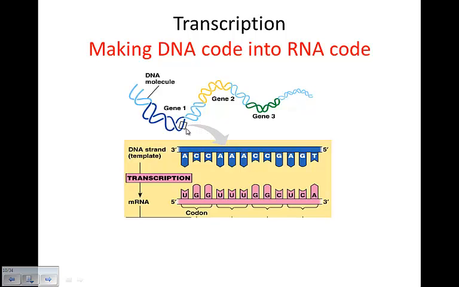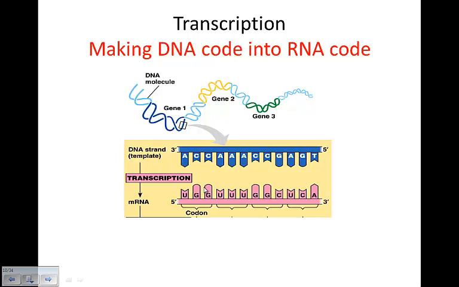Here's the DNA, with the 3 prime and 5 prime ends and the nitrogenous bases, and we're going to transcribe that into messenger RNA. Notice that instead of T's we now have U's. Three bases together form a codon, also called a triplet.